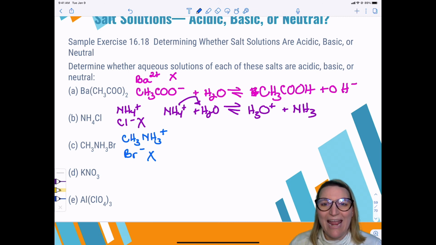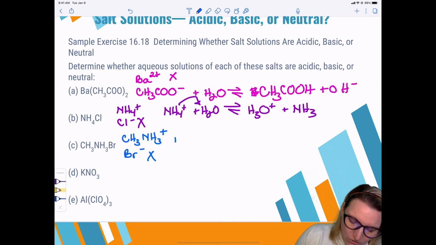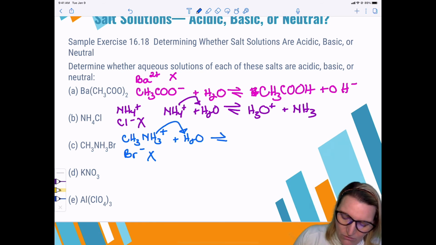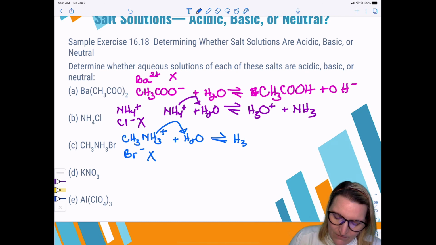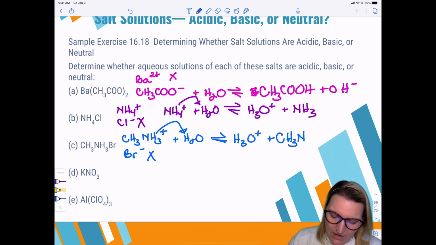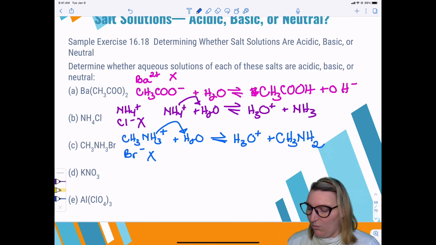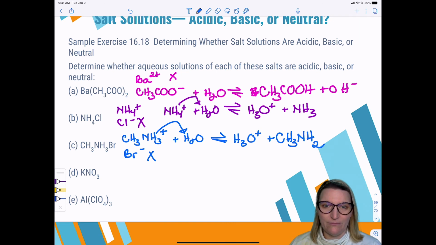When I see that NH, I think this could be like an amine. And in fact, yeah, this is the conjugate acid of the weak base CH3NH2. So when it reacts with water, it donates its hydrogen to water, making H3O+ and CH3NH2. So this again will be acidic.